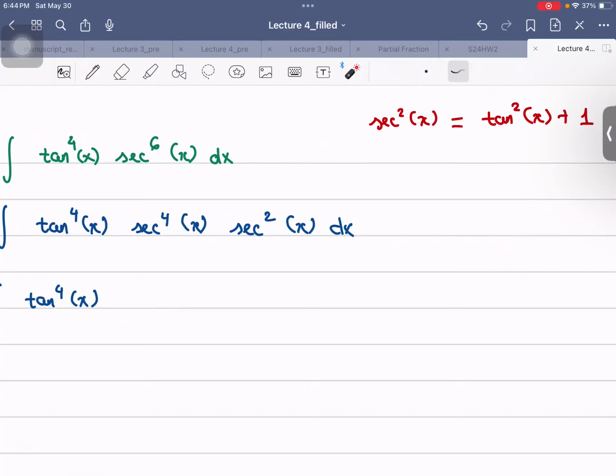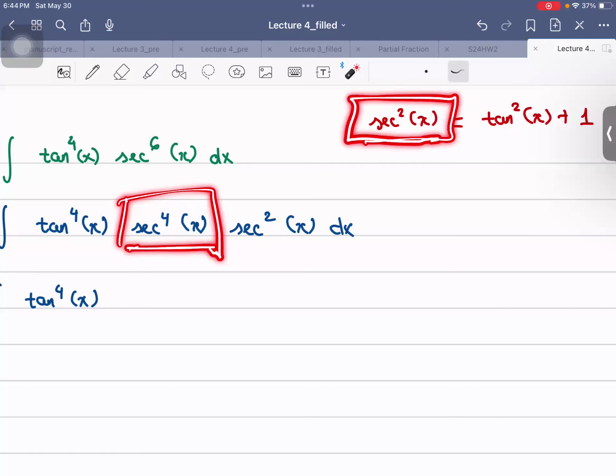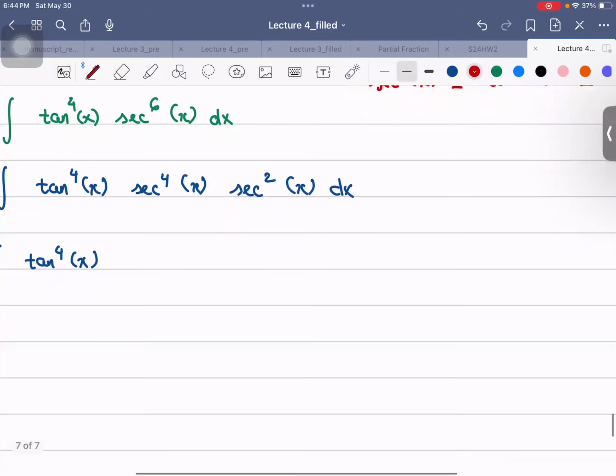If you want to convert secant to the power of four, firstly you have to make secant square appear. It's pretty straightforward. Secant to the power of four can be rewritten as secant square, and then you square it. And like I said, we're going to save secant square, so we just rewrite things again.